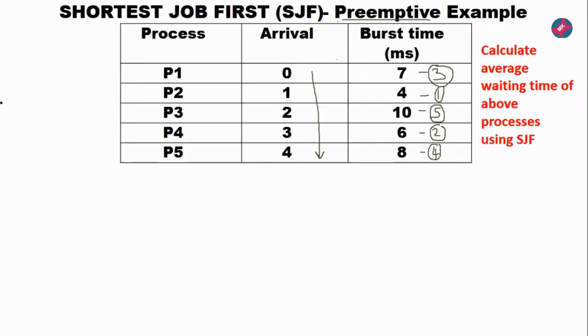Now observe the Gantt chart. See, at 0 milliseconds only P1 was there. So the process will start with 0, that is, P1 will be executed.